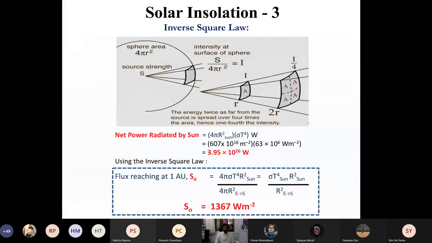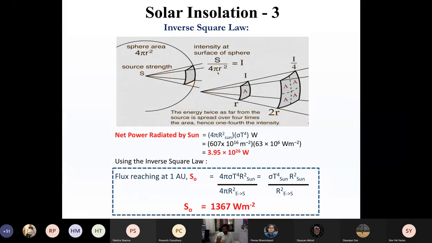Okay, now the amount of energy that reaches a planet from a source of energy at a distance r can be calculated through the inverse square law. If S is the energy at the source, at a distance r the total energy is distributed over 4 pi r square.